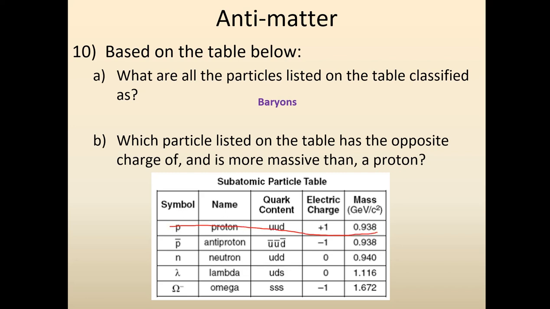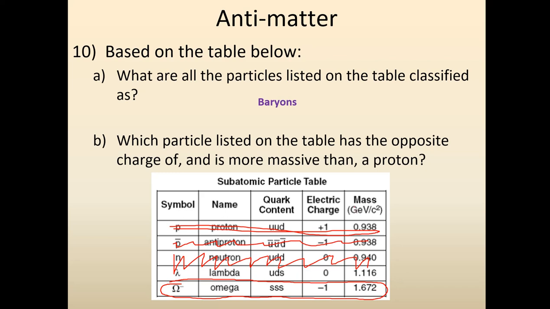So this one's out, and then these two are out. And then they want more massive than a proton. Now a proton is 0.938, as they said here. This antiproton has the exact same mass, so the answer is the omega particle. The omega particle has the opposite charge, but is more massive than a proton.